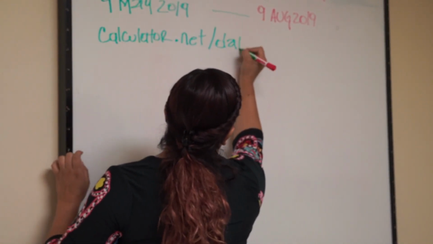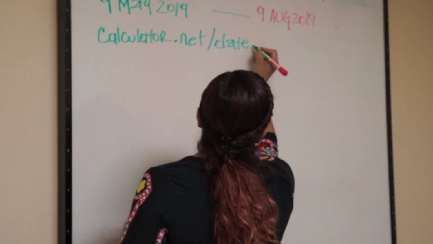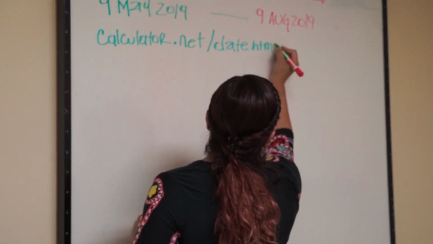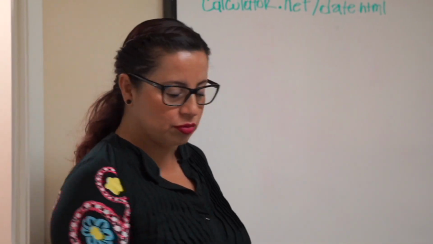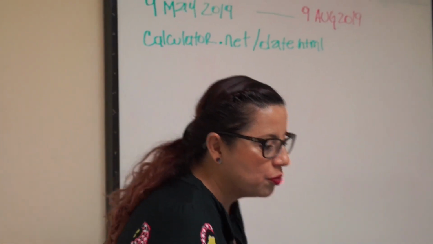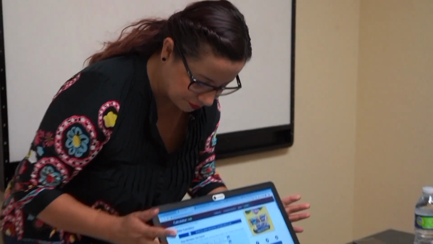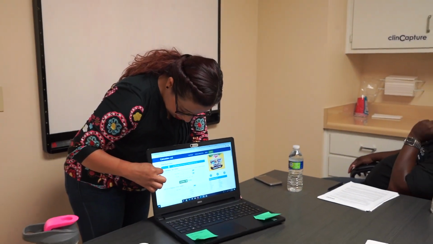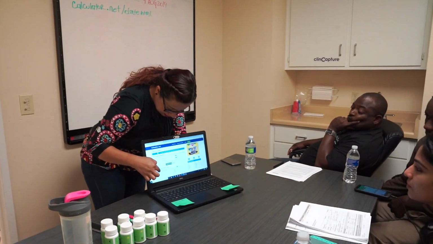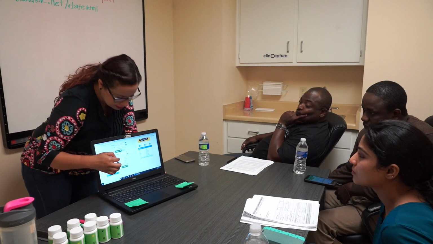It's calculator.net/date.html. This one is a great tool for the drug accountability. As you can see here, it has the days between two dates, and also lets you add, for example, 30 days or 29 days or whatever.